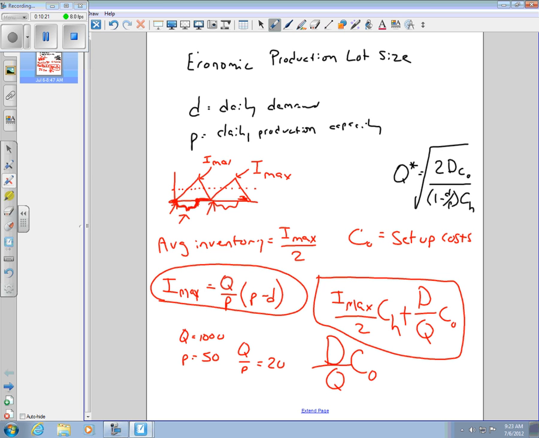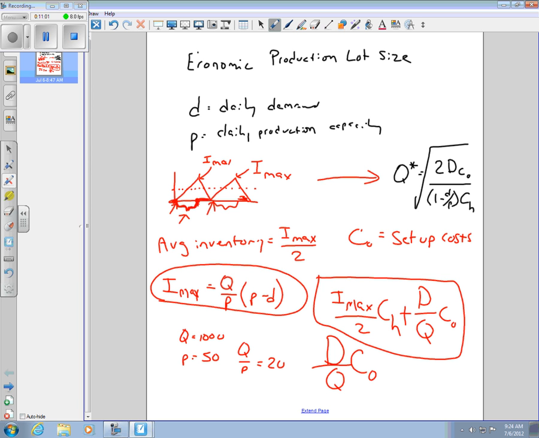And EOQ, I'm going back again. EOQ, recall, minimizes the sum of my holding and ordering costs. What I want to do now is minimize the sum of my holding cost and setup cost in this scenario. And the formula that does that is right here, and that's this Q star: the square root of 2 times annual demand times my setup cost, over, open parentheses, 1 minus D over P, times my holding cost.